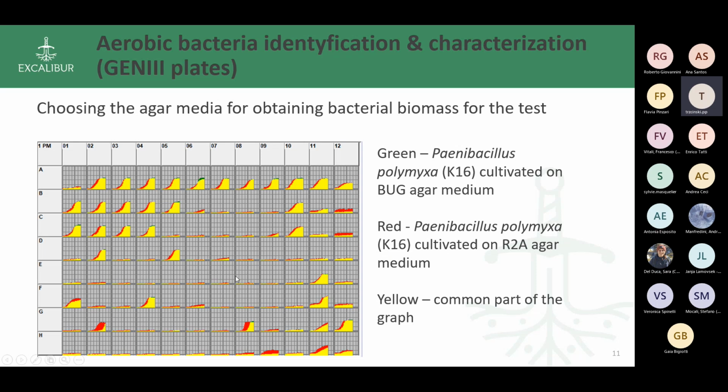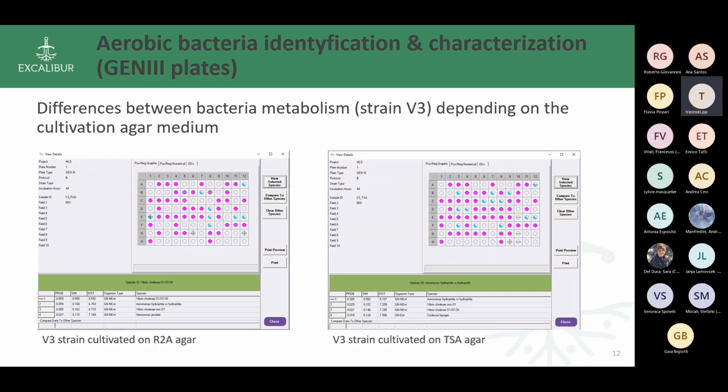The yellow parts are common to the two metabolisms. Here we can see that the microbe cultivated on the nutrient poor agar is more active, for example. So this could have an impact on the results, and I will show you in the next slide.